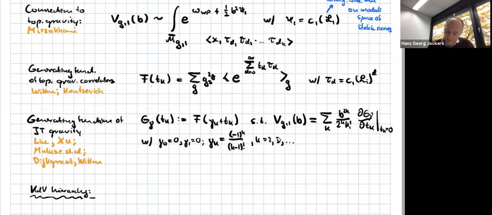So if this term here is absent, then you have the usual topological correlators generated by F. Now it turns out the insertion of this term can be realized just by such a shift. And you can understand it in the following fashion. So I'm getting a bit ahead of my time.